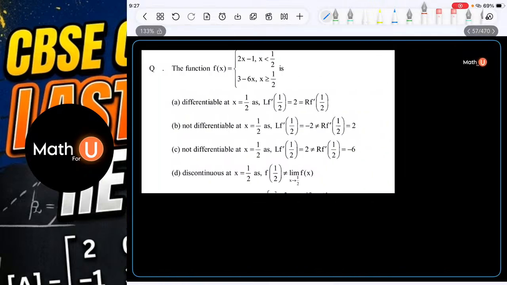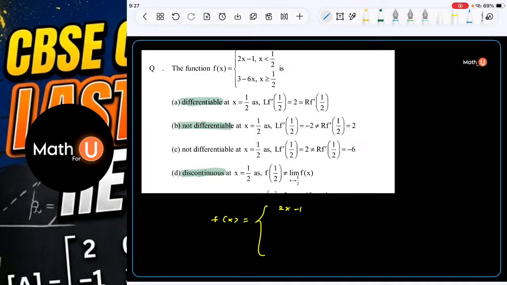The function is given. They are asking in the options whether this function is differentiable or not differentiable, whether it is continuous or discontinuous. First, what is the function given? f of x is 2x minus 1 for x less than 1 by 2, and 3 minus 6x for x greater than or equal to 1 by 2.